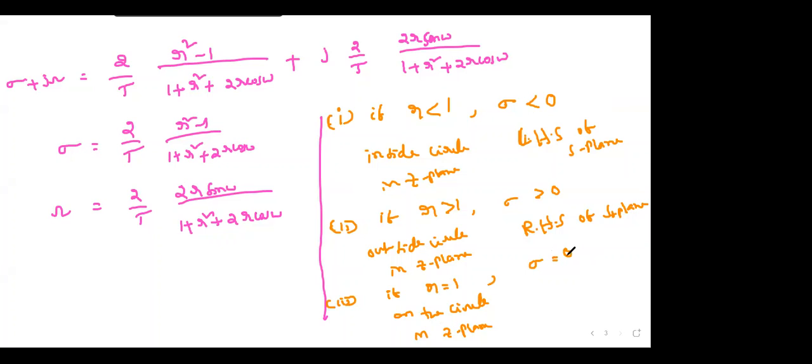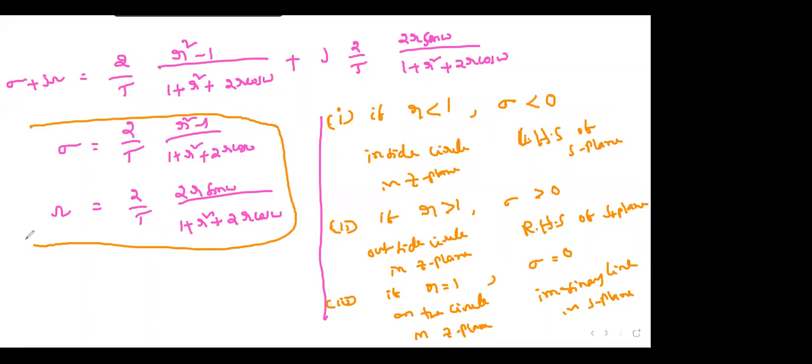Sigma value 0 means on the imaginary line. It may not be at the origin, but it is on the imaginary line in the S plane. Therefore, all are exactly mapping. The properties are satisfied. So these transformations we can use for converting the analog filter into a digital filter.